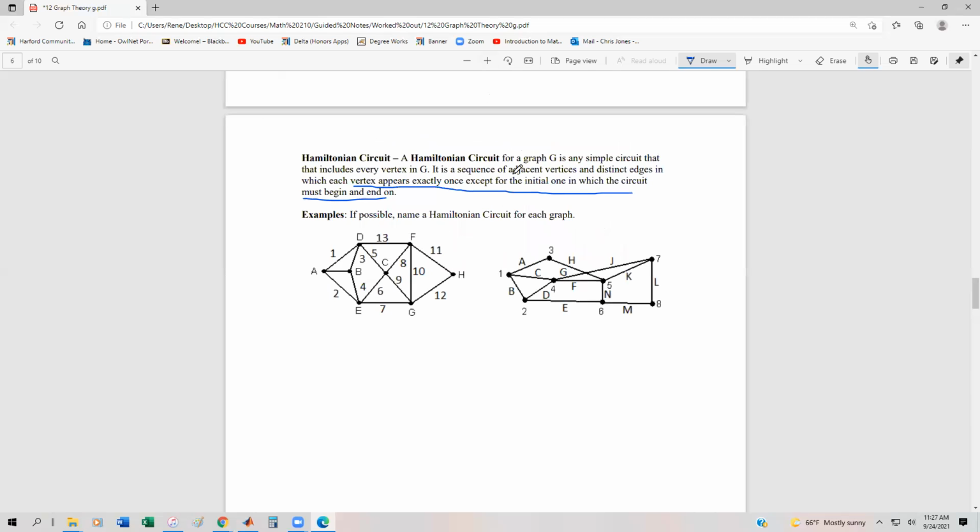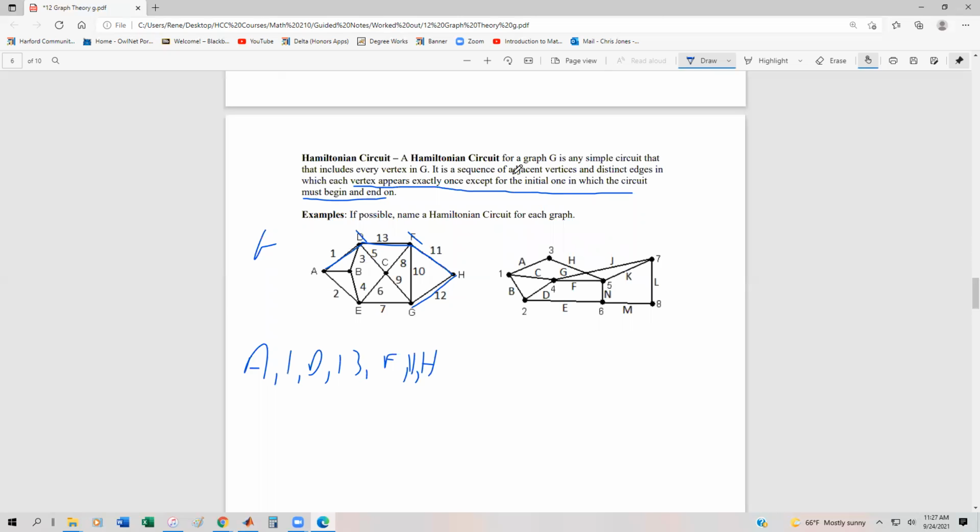So for instance, let's call this G, and let's start on A. We could go from A to 1 to D to 13 to F to H. I'll just cross off these vertices as we go along. And I should include 11 in there.